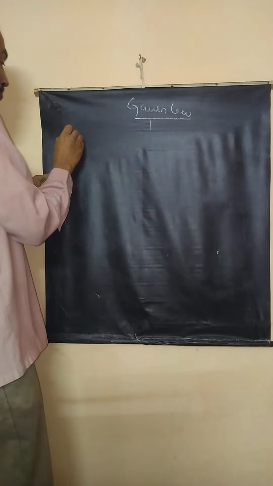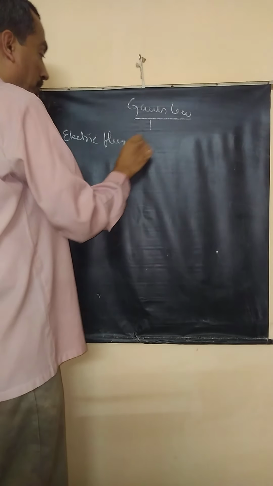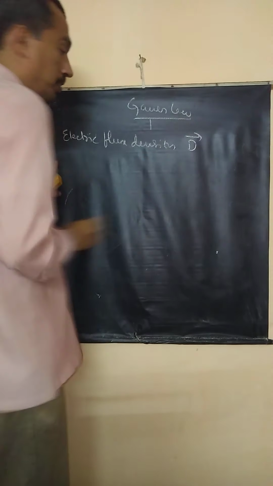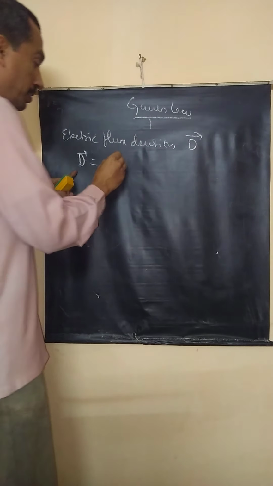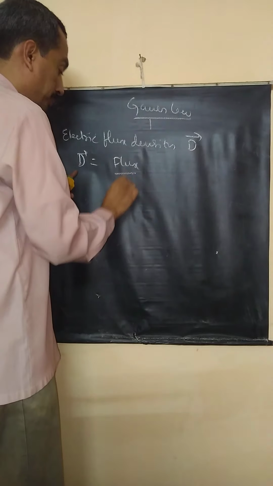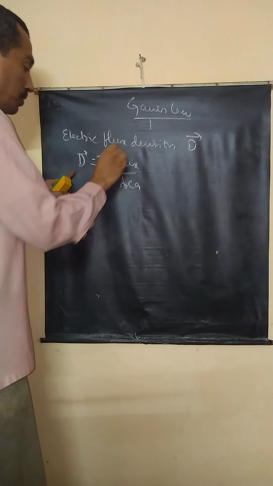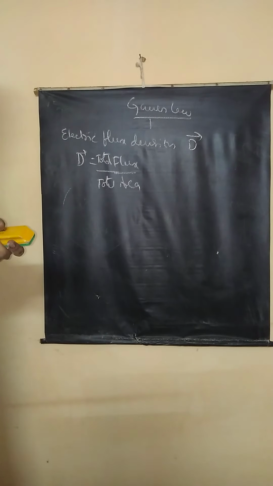He introduced a term called electric flux density, D. What is this? Electric flux density is flux per unit area. Total flux by total area of the Gaussian surface.